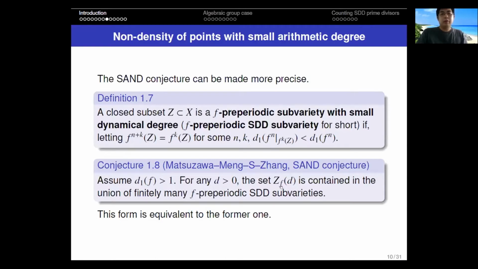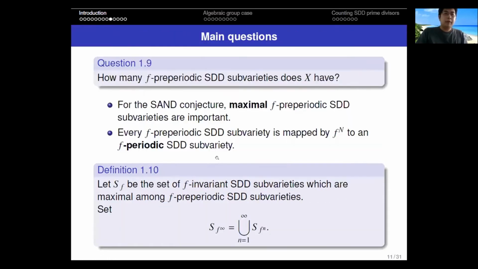So we have to consider only maximal ones, and every pre-periodic SDD subvariety is mapped by some iteration of f to an f-periodic SDD subvariety. So pre-periodic ones are generated by periodic ones. So periodic ones are important.